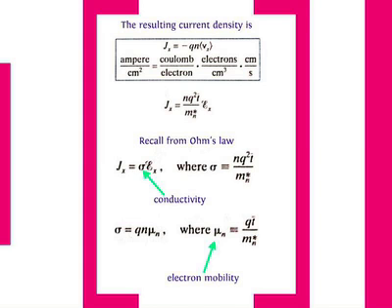It is the velocity gained by the electron per unit electric field. You see that? That's why it's important. It's a measure of how the electron responds to the field.